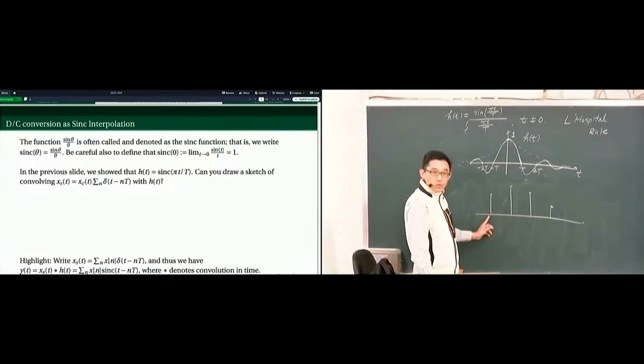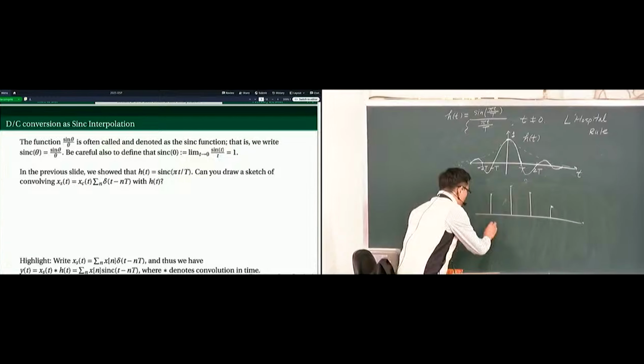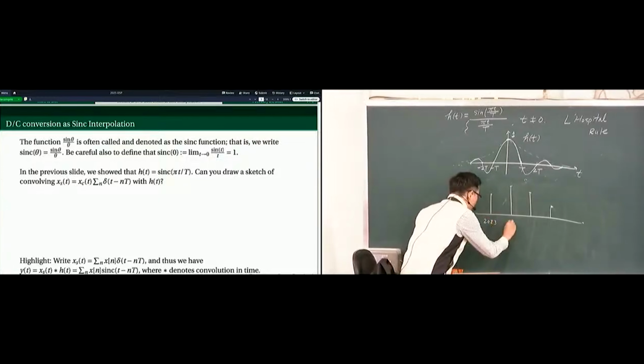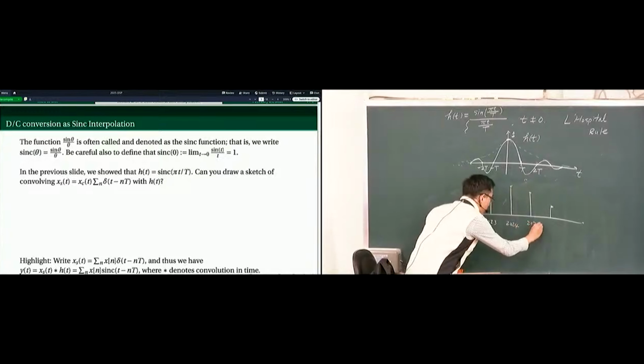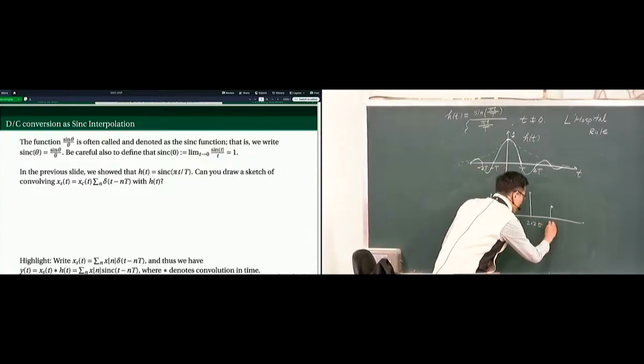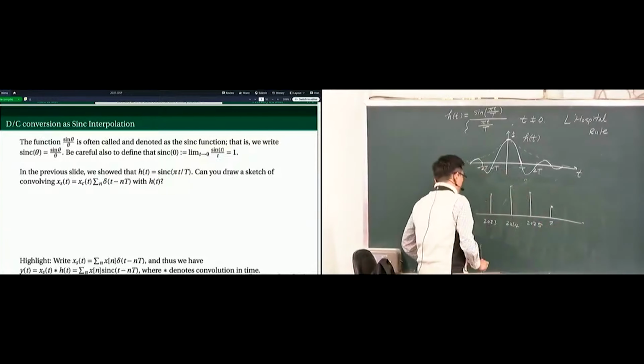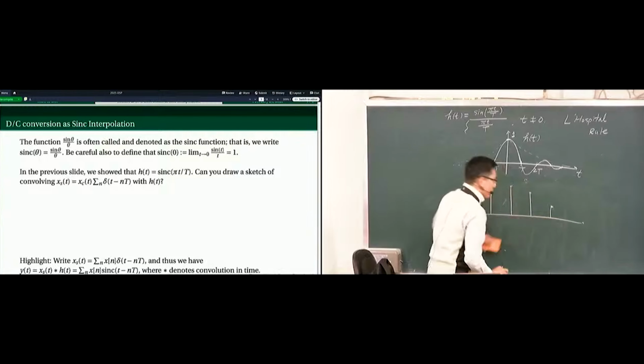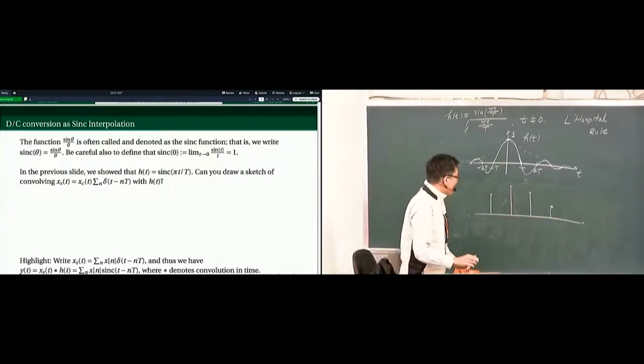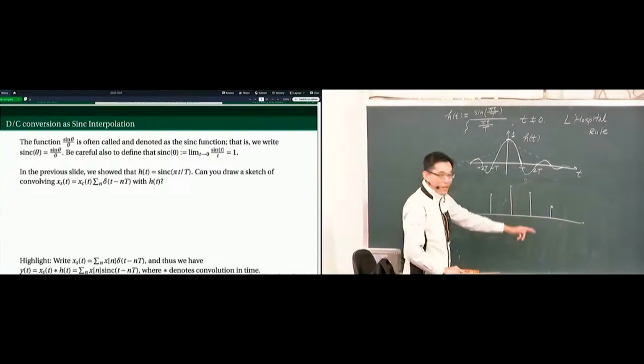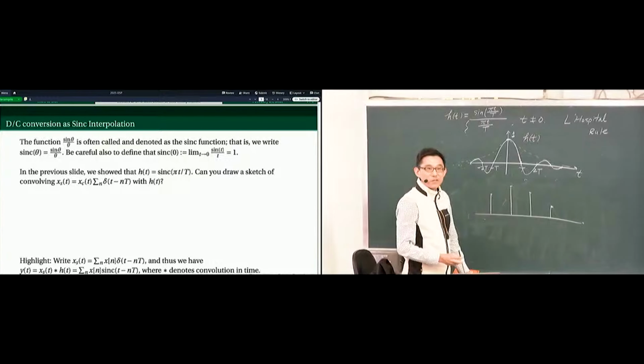For example, GDP of Taiwan, 2023, 2024, 2025. No, GDP is not a good example. I'm trying to find an example of something that will vary.